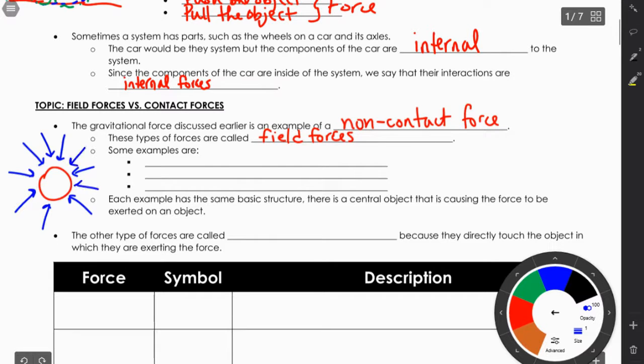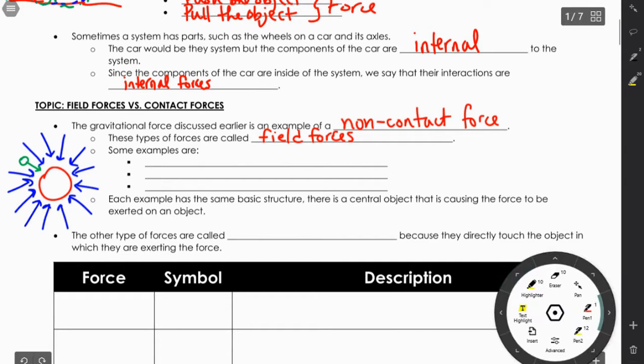At any point along the line, an object that sits in this field wants to get pulled down to the center. If I have an object way out here, it wants to get pulled towards that center. But again, the Earth or the central object is not touching the object that sits in that field.